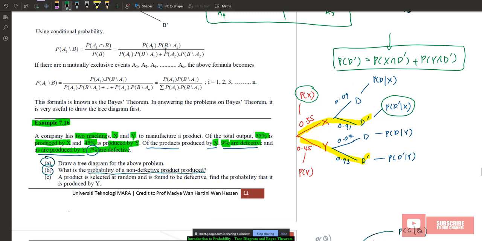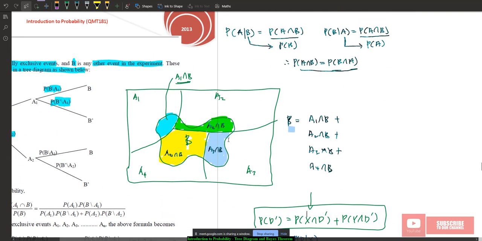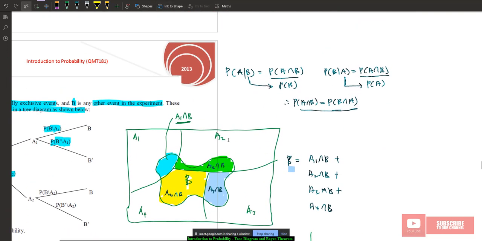So now back to the basic conditional probability formula.